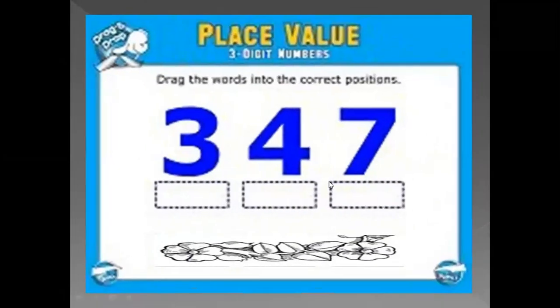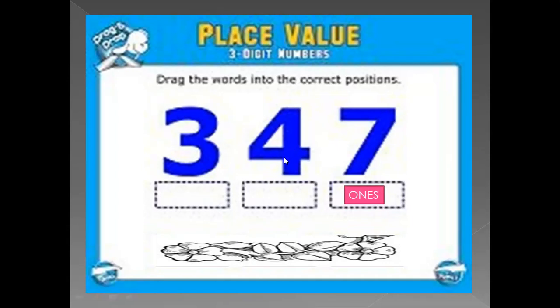So let's see. Can you tell me the place value for this number? What's the number? 347. Tell me the place value. What's the place value for 7? It is ones.